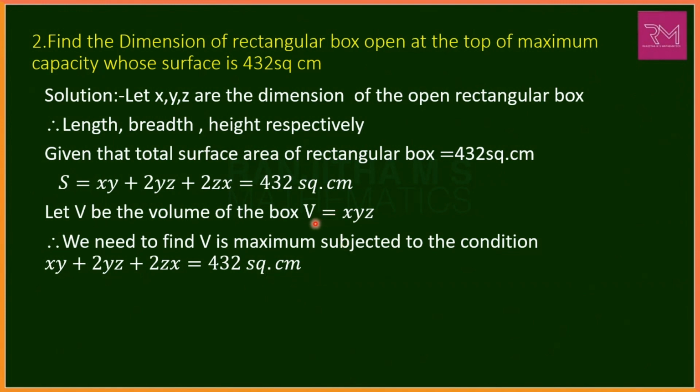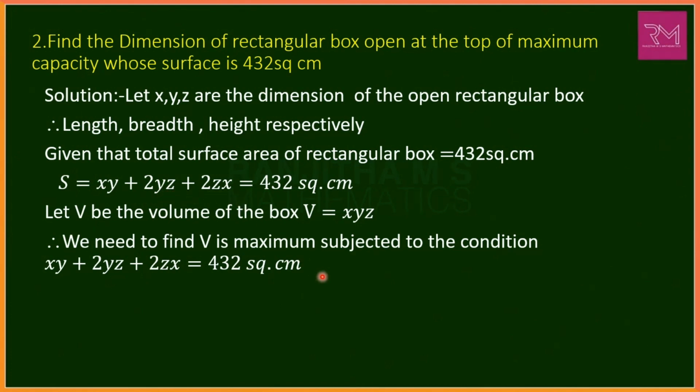In this problem, the u function is xyz and the v function is xy plus 2yz plus 2zx. You have to note this carefully. In the previous problem, the u function is xy plus 2yz plus 2zx and the v function is xyz. But in this question, the u function is x into y into z, and the v function is xy plus 2yz plus 2zx.